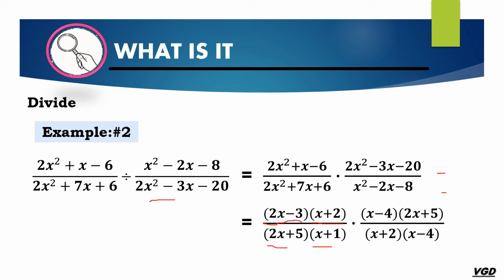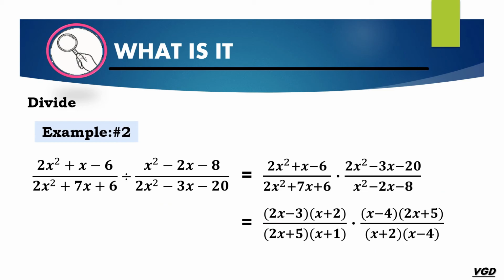For 2x squared minus 3x minus 20, we have the factors the quantity of x minus 4 times the quantity of 2x plus 5. And for the last one, x squared minus 2x minus 8, we have the factors the quantity of x plus 2 times the quantity of x minus 4. Again, remember your knowledge in factoring quadratic trinomials.